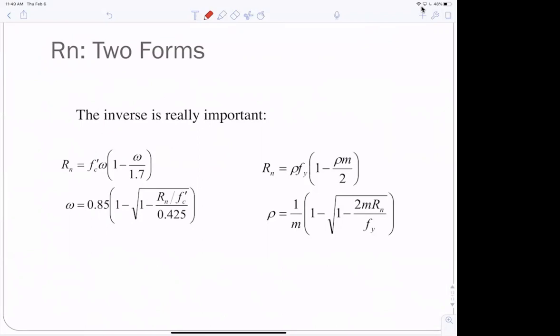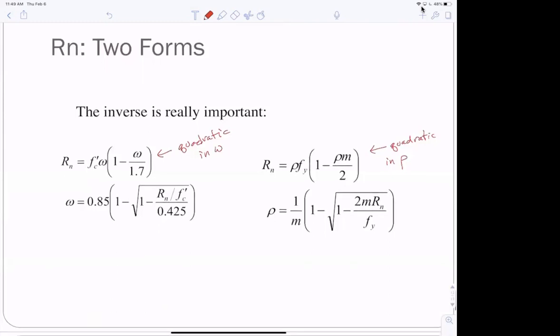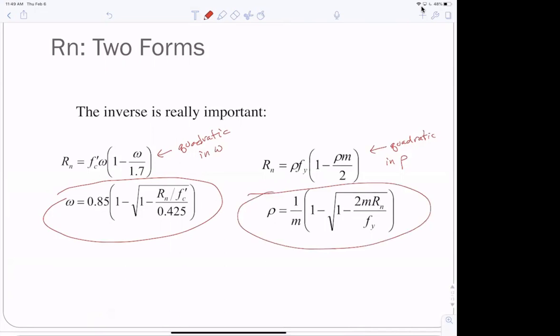This is actually a quadratic in omega, and this is a quadratic in rho. If you take the quadratic formula, x equals negative b plus or minus square root b squared minus 4ac, I don't remember it, but if you do the quadratic formula and solve for omega or solve for rho, you get this. This is extremely handy to have.